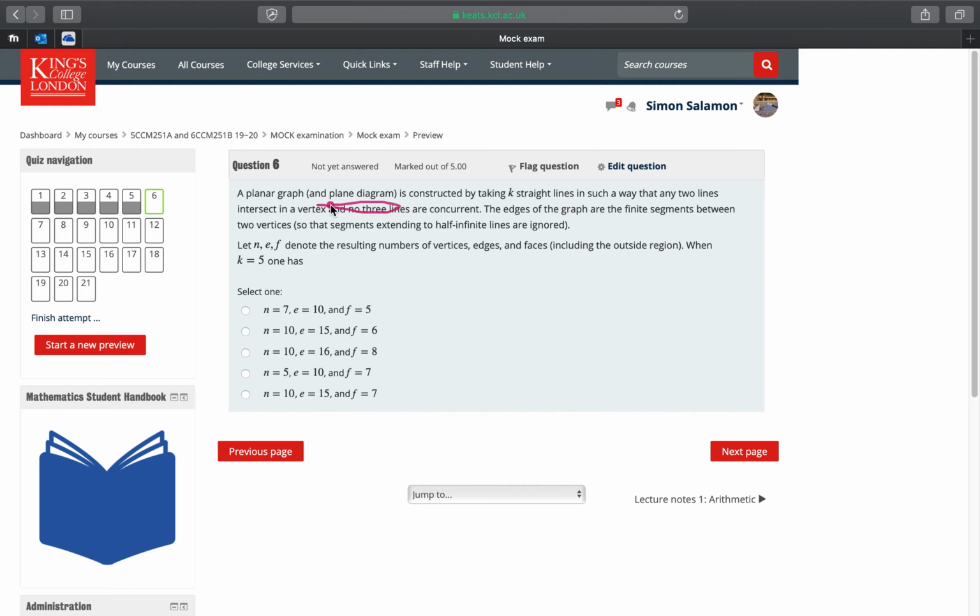You can only do that for a plane diagram. The faces are essentially the regions including the outside one. And we know in that case that the number of vertices minus the number of edges plus the number of faces is equal to 2. That's Euler's formula.